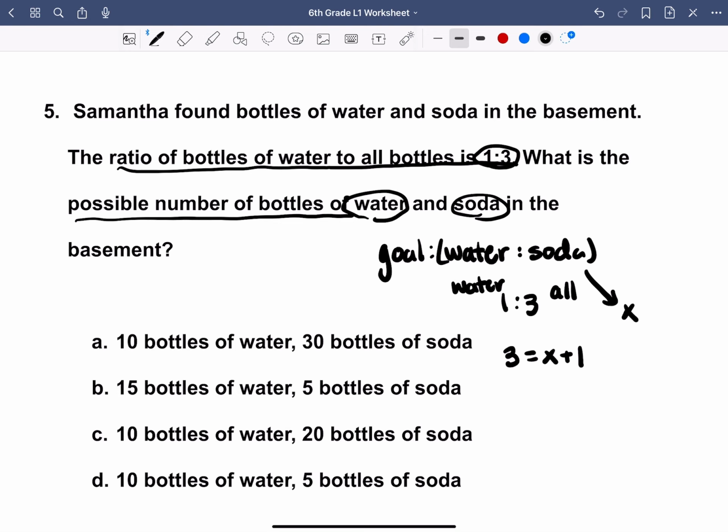Now you can see here we're actually solving for X. We want to solve for X, so we'll subtract 1 on both sides using the property of equality to get 2 equals X.